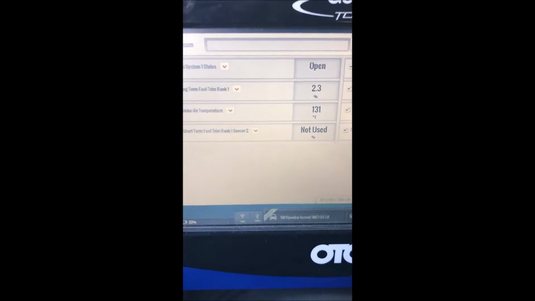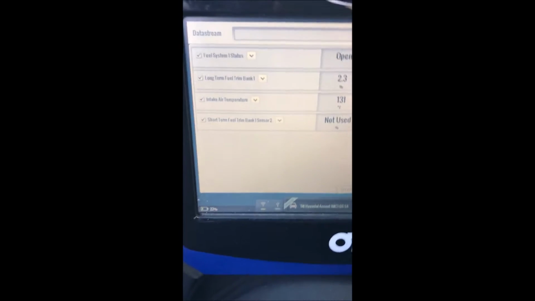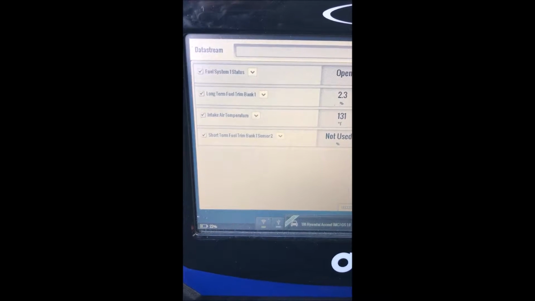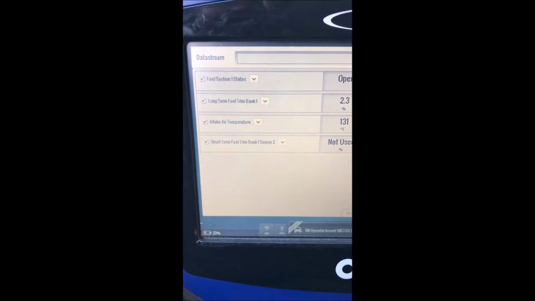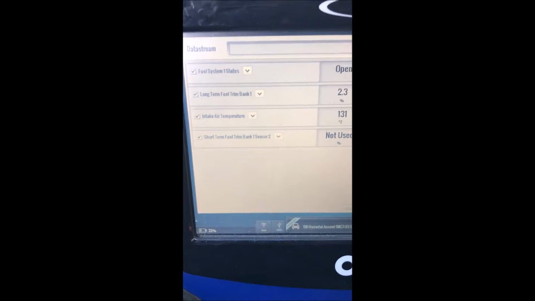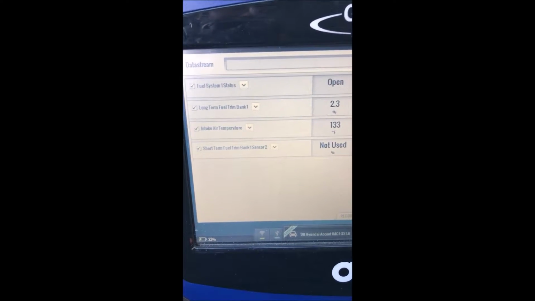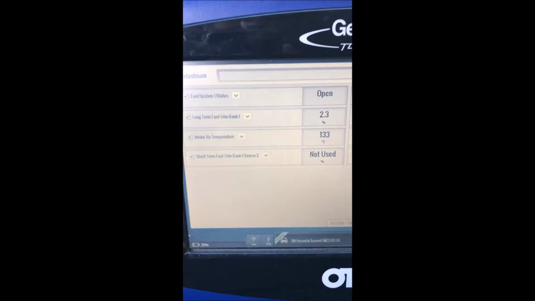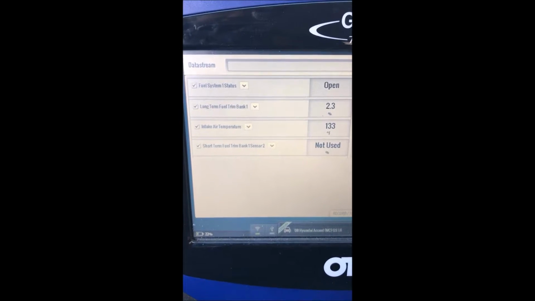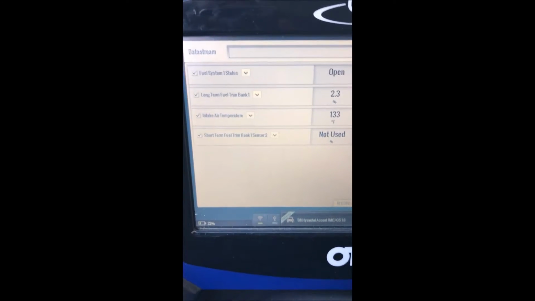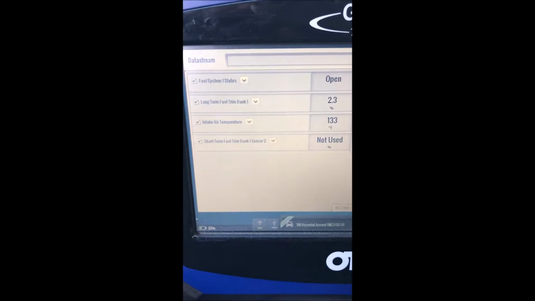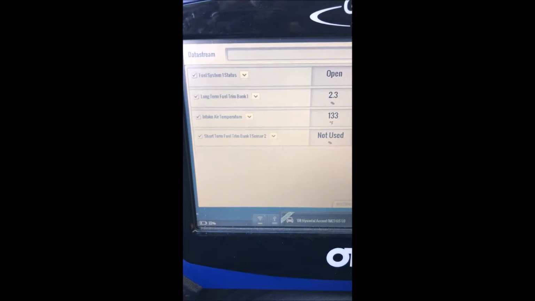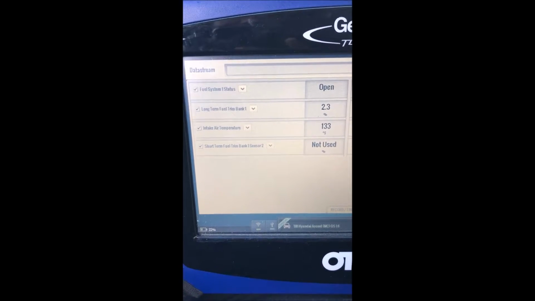The system includes the injectors, the computer, all your other sensors, and your O2 sensors. In open loop status, it's not going to get anything from the O2 sensors because they're not warmed up and it's not quite ready for that yet. Once everything gets up to specs where it should be and it's got the mixture right, it'll go into closed loop status, and then it'll begin using information from the O2 sensors as well.